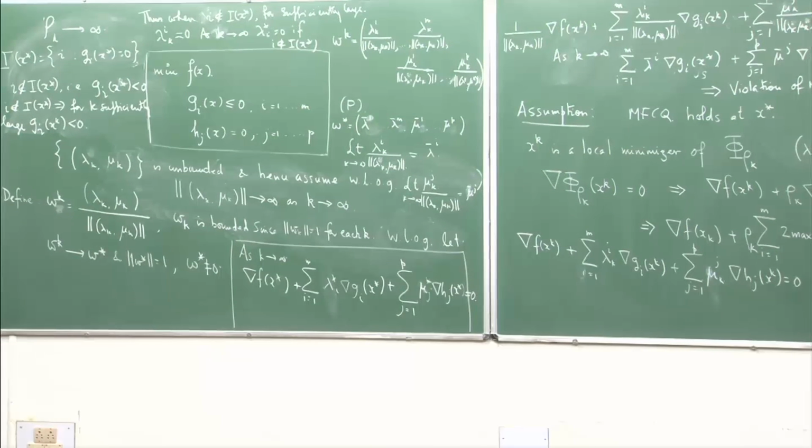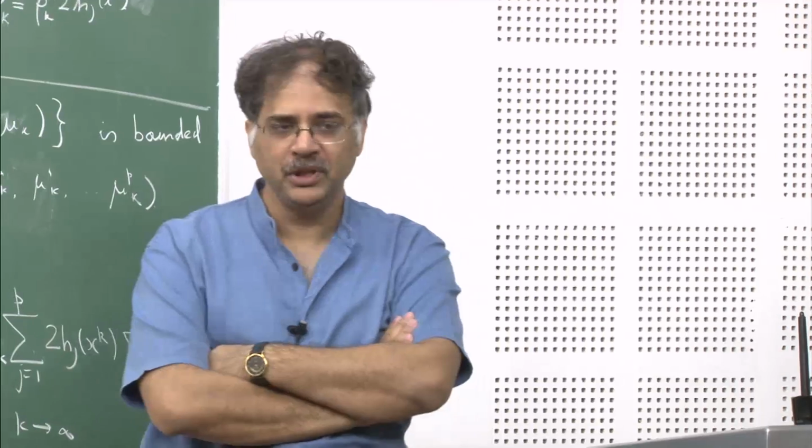That is, you can keep on increasing rho_k, but still the x_k that you get may not be feasible and may not actually be a solution of the original problem.